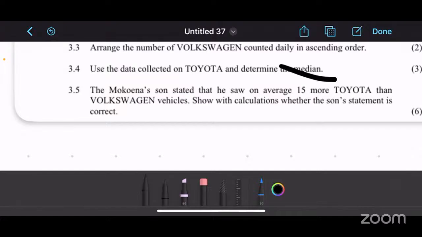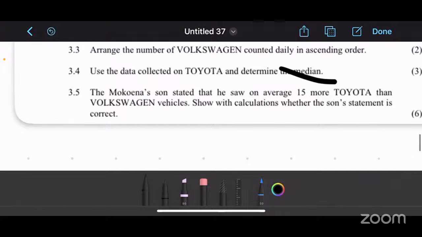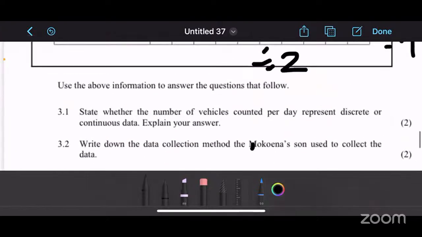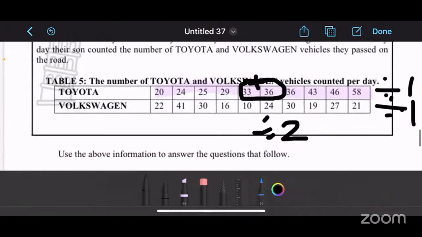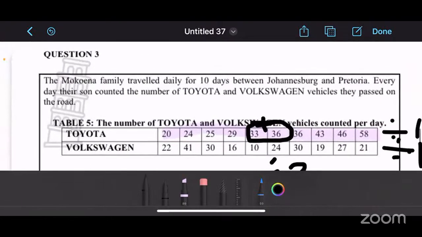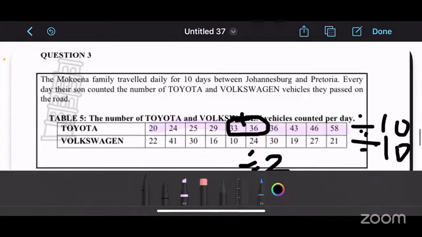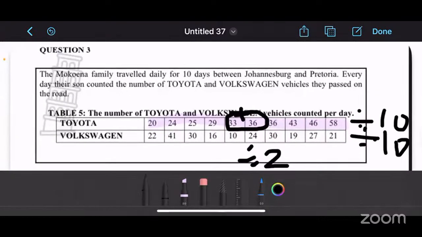Yes, ma'am. Okay, do you guys have any questions for me? No, ma'am. I feel like, ma'am, these questions were based on data handling. Yes. Question 1, question 3 were data handling, and question 2 was finance. Do you feel like it could be asked in June exams?